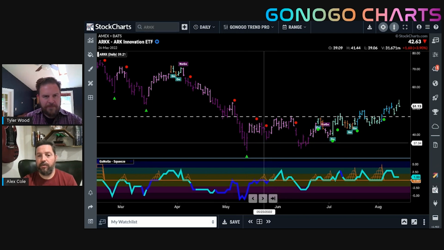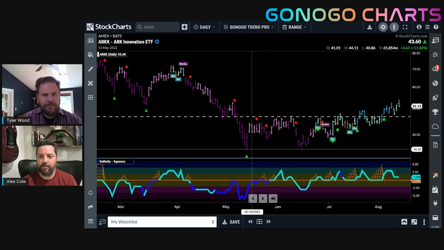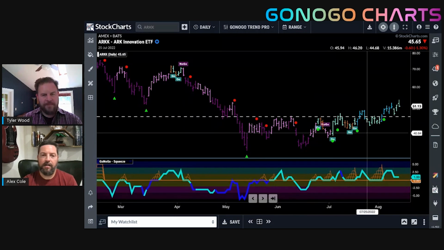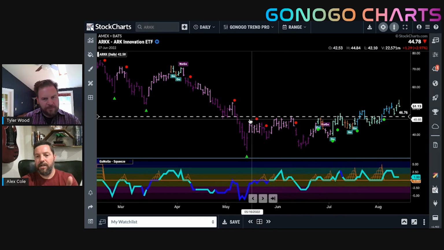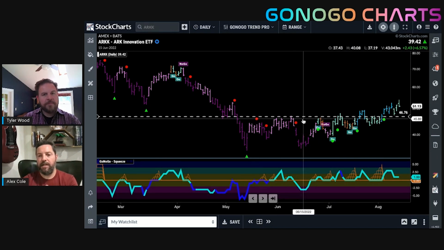Well, first of all, just really quickly, ascending triangle as a basing pattern. We love to show how GoNoGo charts can help with an understanding of traditional pattern analysis, because we always talk about the second half of a pattern being where you want to see things like increased volume.